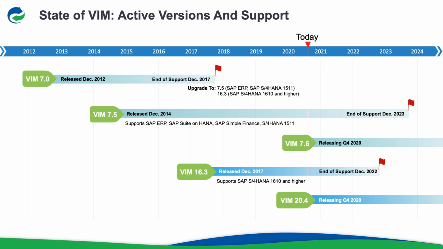You may see that there are some versions that I haven't really mentioned that are meant to be released in Q4, and that they're basically following the same principles. VIM 7.6 is planned to be released Q4 this year, and VIM 20.4, which is going to be the comparison to VIM 16.3, which is tailored more towards the S4HANA system.